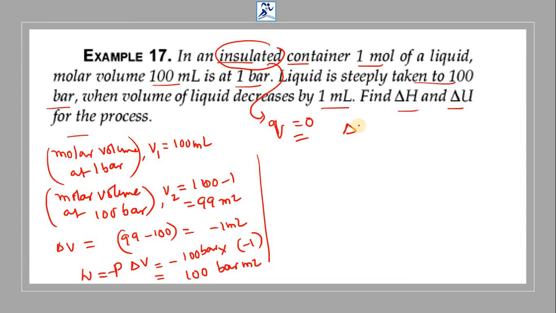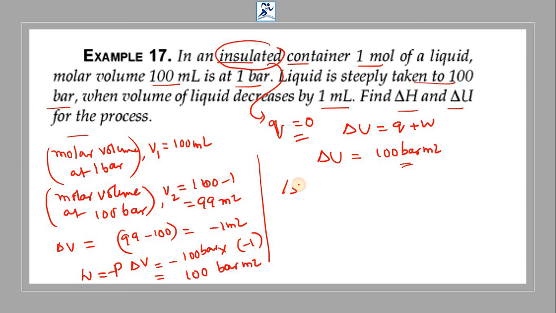But we know delta U is equal to Q plus W, the first law of thermodynamics, where the work done will become equal to this one. So therefore delta U is equal to 100 bar ml. That you can write as the answer for delta U.